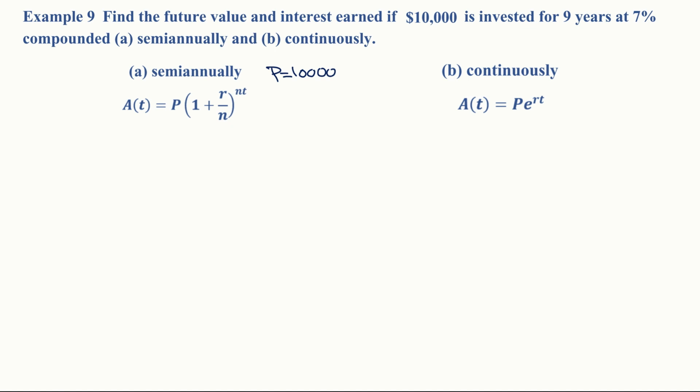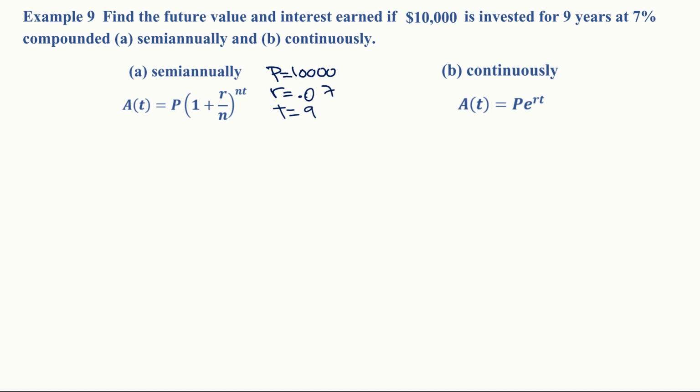And we have R. Remember, we're always going to represent that using a decimal, so it's going to be 0.07. And T is equal to 9.